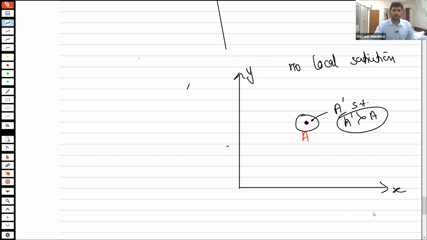Okay. Local non-satiation is somewhat less stringent than that, in the sense that local non-satiation, or no local satiation, says that you should not be at any local peak also. Suppose instead of Mount Everest, you go to Anaimudi.